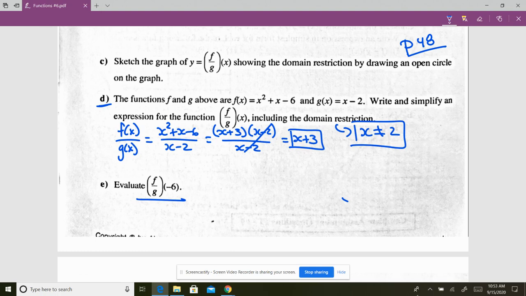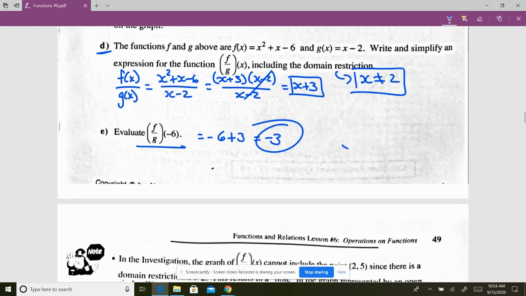Plug it in. Plug it into right there, right? So just go negative 6 plus 3, negative 3. You're done. So when you're dealing with division and you have quadratics, always factor.